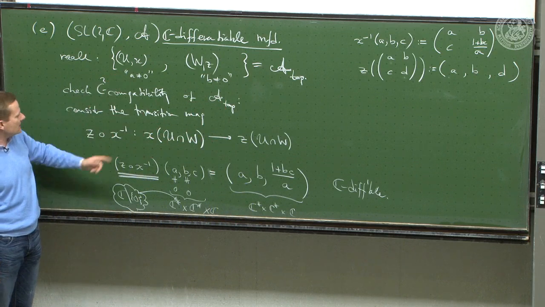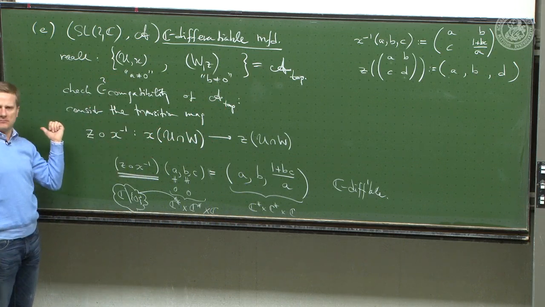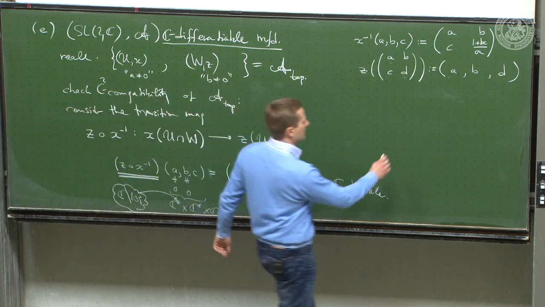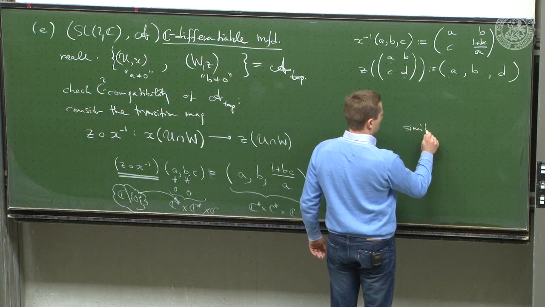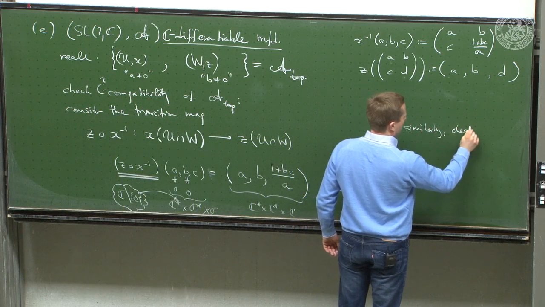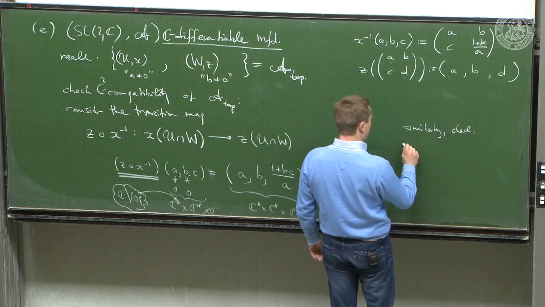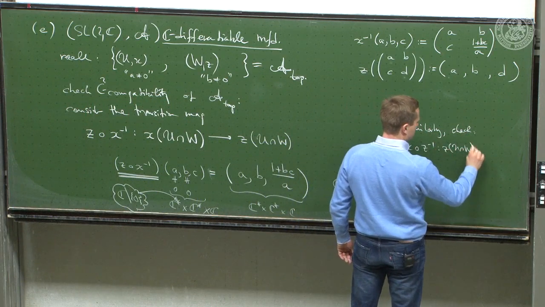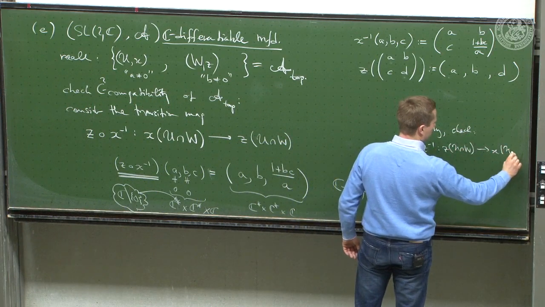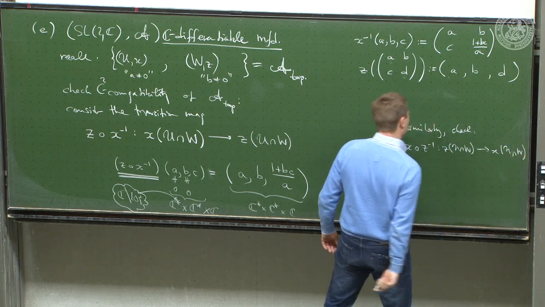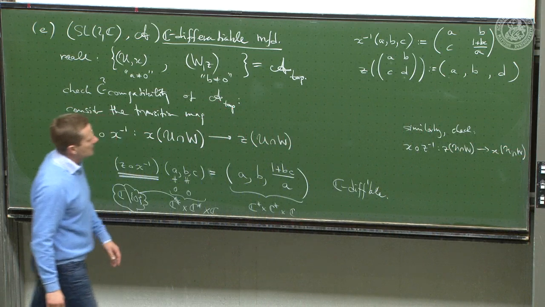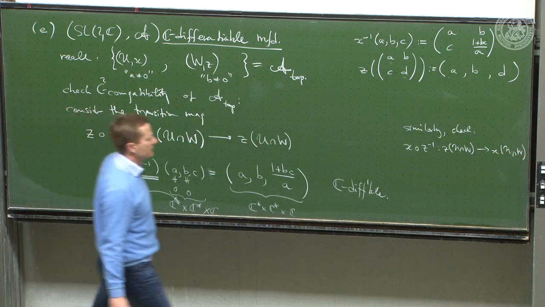Well, that's one transition map. There are only 2 charts, but don't forget, you also need to go backwards, okay? So we also need to check, similarly, that the opposite transition map, x after z inverse, z of u intersected w to x of u intersected w, which you also need to construct, is also C differentiable.